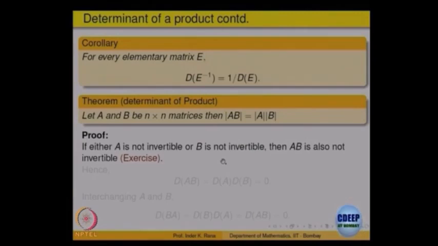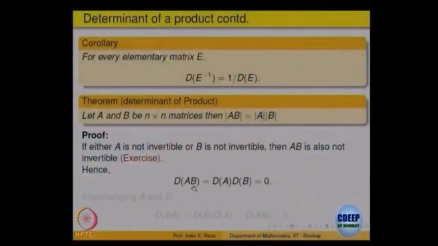If that is the case, then the product cannot be invertible. It is a simple fact, so I am leaving it as an exercise for you to check, that if either A or B is not invertible, then the product cannot be invertible.